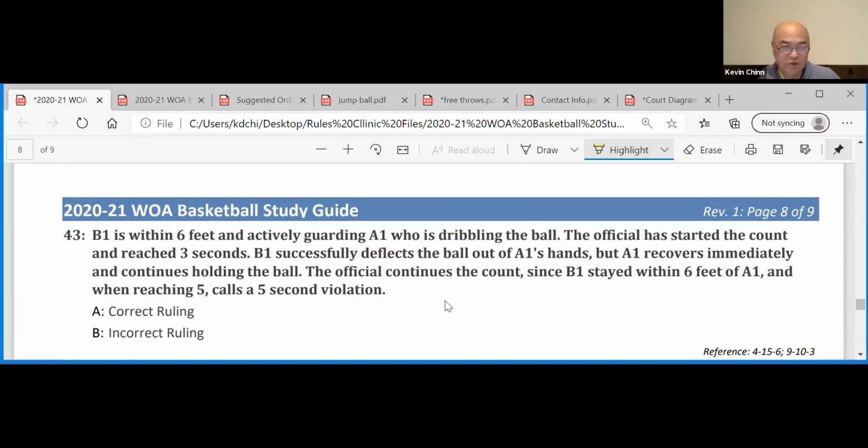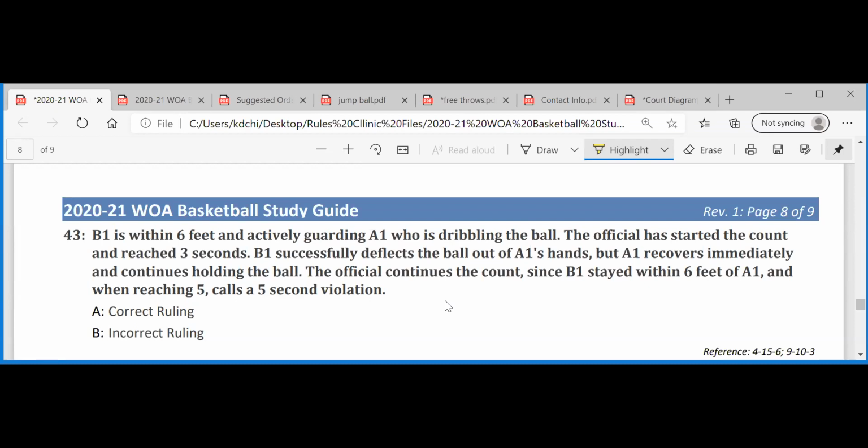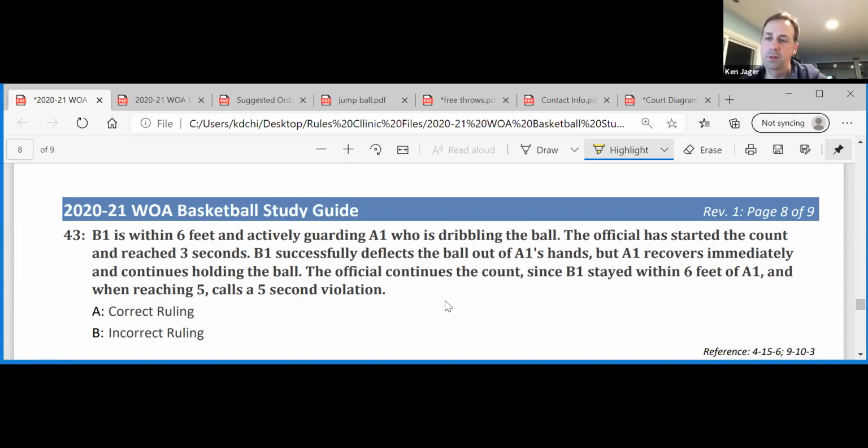So he goes 1, 2, 3, the ball gets deflected, recovered, 4, 5. But doesn't the count restart once he recovers possession? That was an interrupted dribble, right?